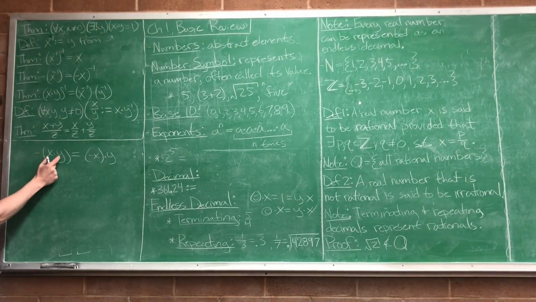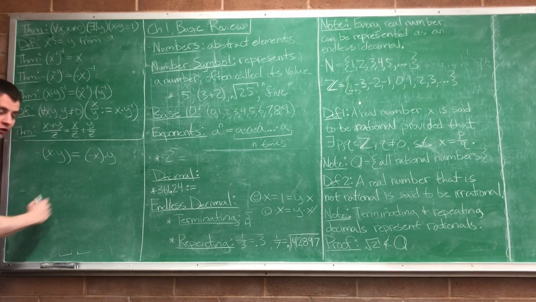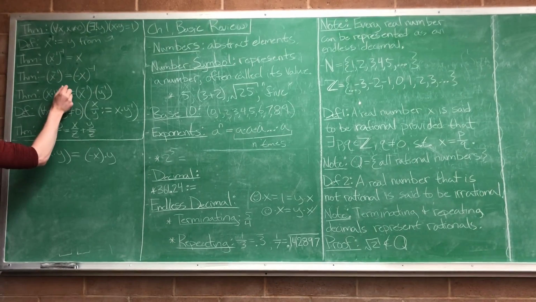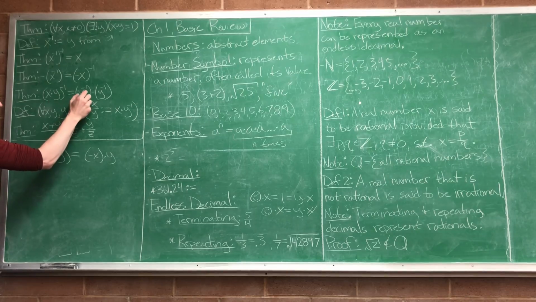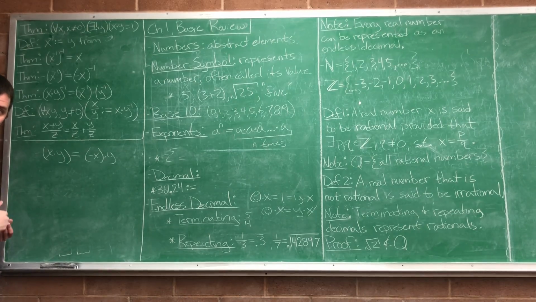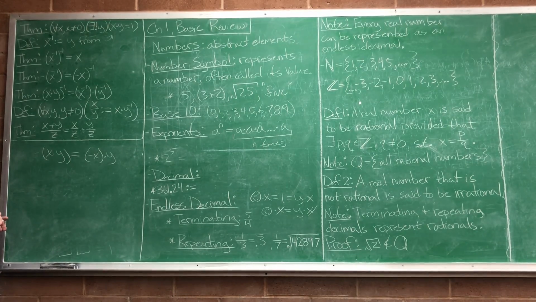When you take the additive inverse of the product, you only applied it to one of the terms. Now we're going to prove that if you take the multiplicative inverse of a product, you apply it to both of the terms. So it's a little bit weird, a little bit interesting that that's how it is. Why is that the case?